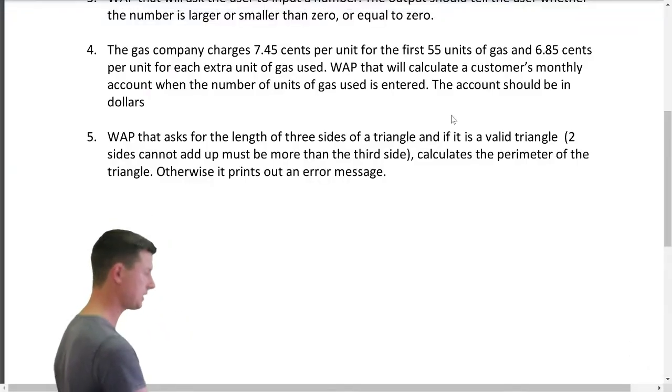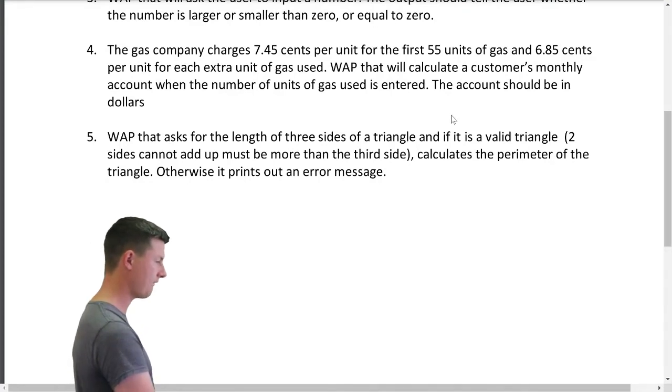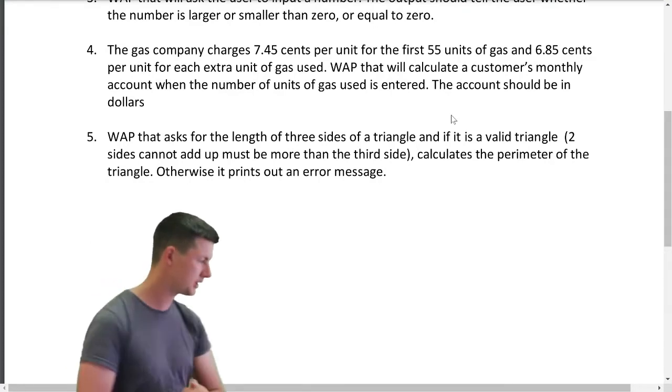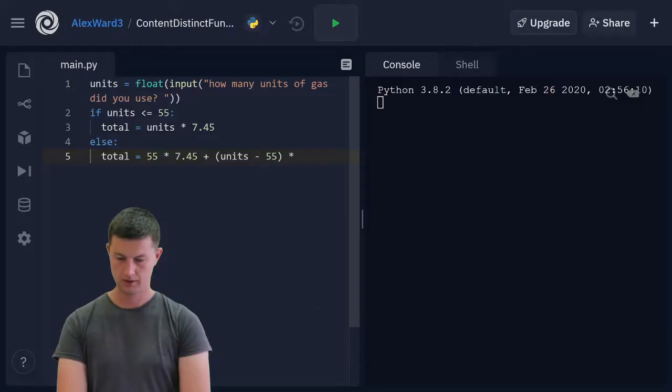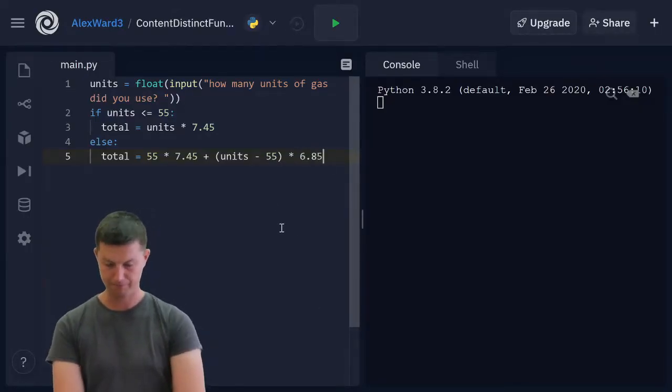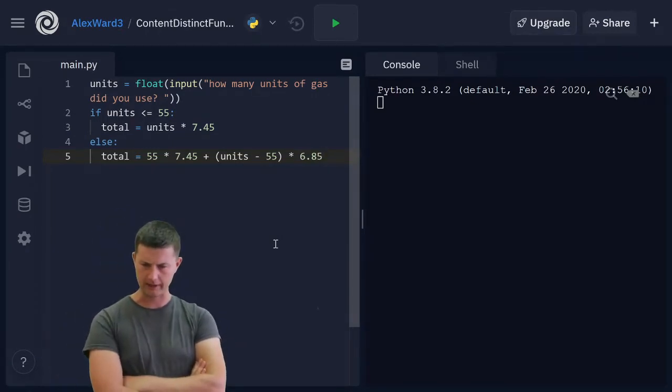By $6.85. Times 6.85. That makes sense. That's going to turn out correctly. I believe so.